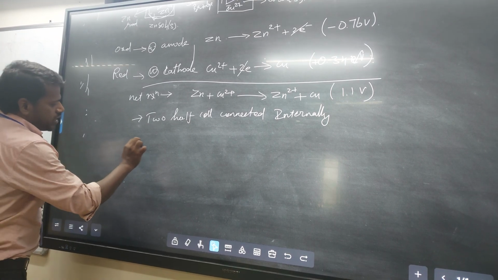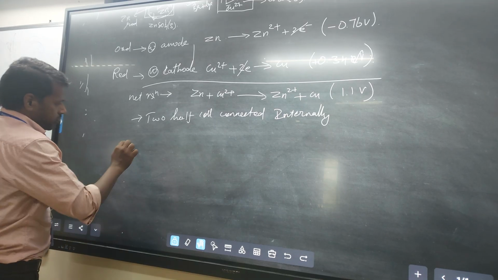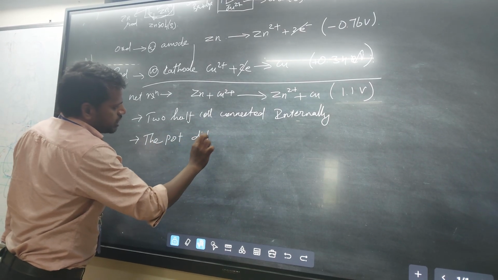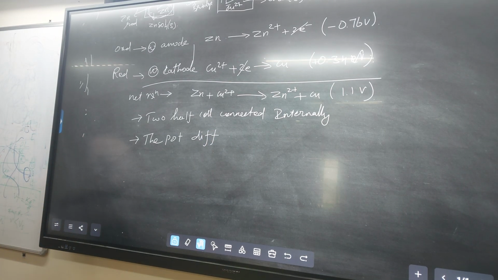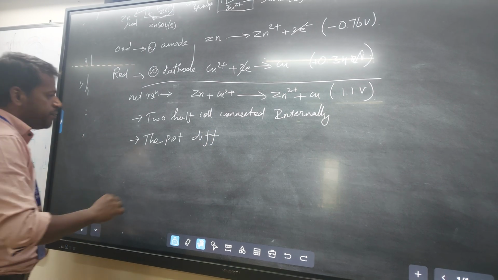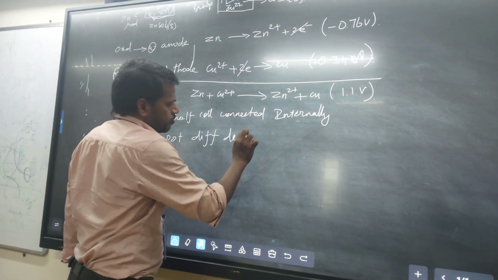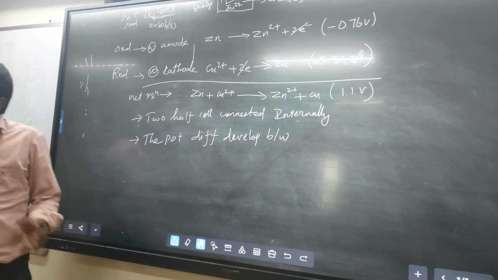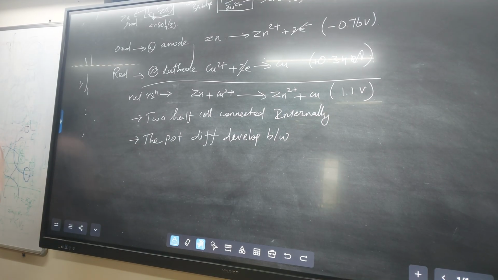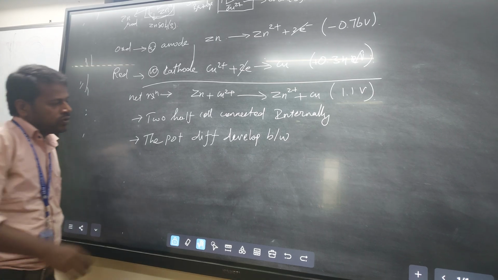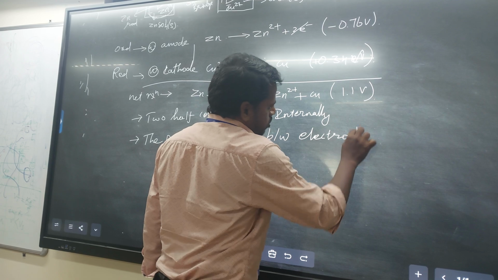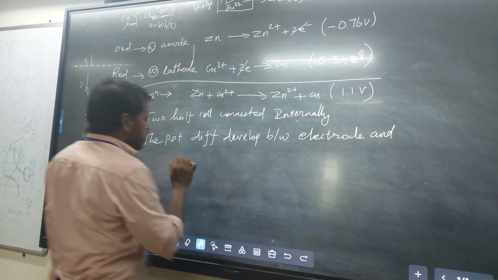A potential difference develops between the electrode and the electrolyte.